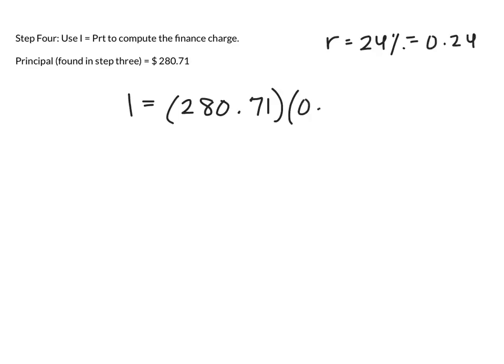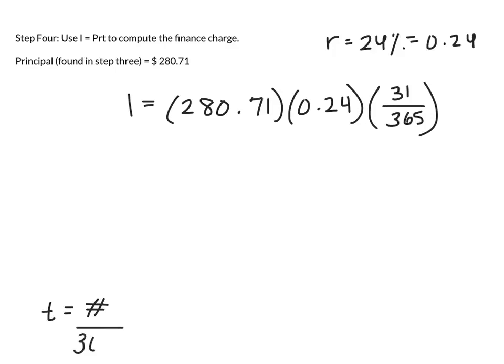So this is 0.24. And T is the number of days in the month, which is 31, divided by the number of days in a year, which is 365. So when you're using the average daily balance method, T is always going to be the number of days in the month that you're given divided by 365. You always use that when using the average daily balance method.